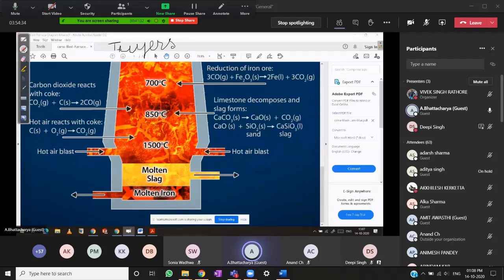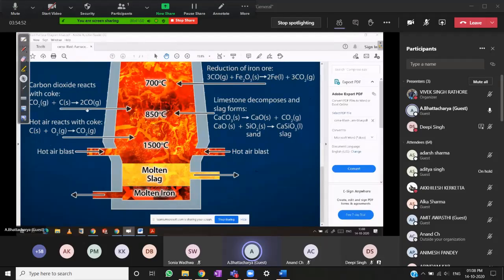And when it goes inside, some chemical reactions take place.